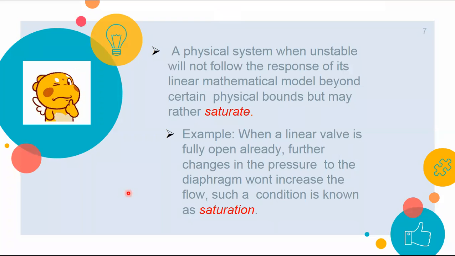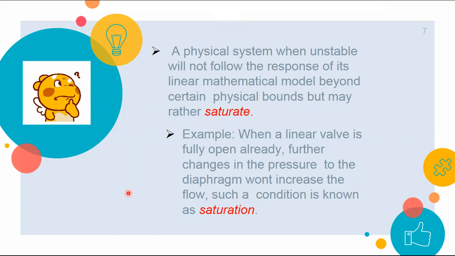So, as an example, take a linear valve, which is a final control element, the most common final control element used in the process. No matter how you change the pressure in the diaphragm of that pneumatic final control element, whether you increase or decrease it, you won't see any changes anymore in the flow being set by the valve, because it has reached a condition of saturation.